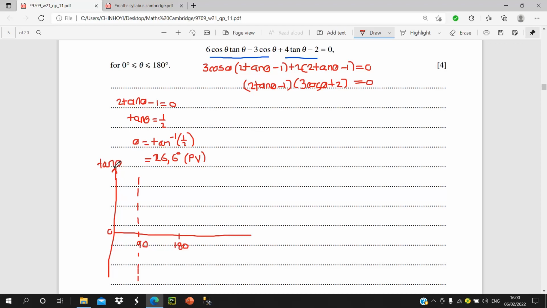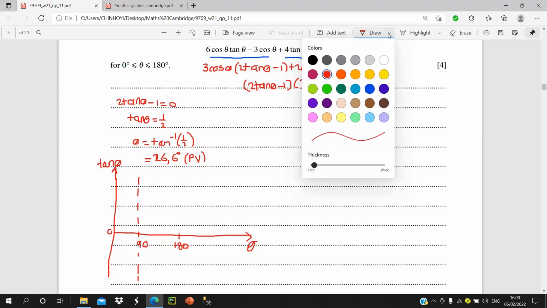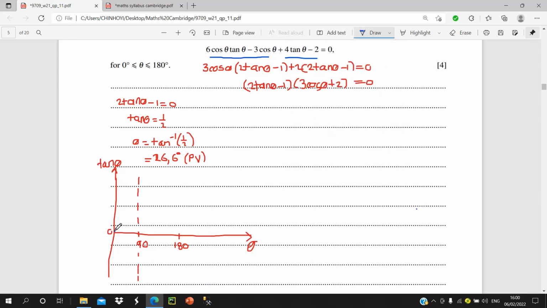Here we have our graph of tan theta, here we have our theta. Then let me sketch this one in the range. So this will be the graph of tan theta, and here it goes like this.